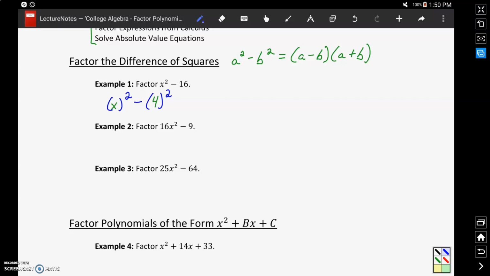So since both the first and second terms are perfect squares, we can go ahead and apply this approach and factor this as the quantity x minus 4 times the quantity x plus 4.